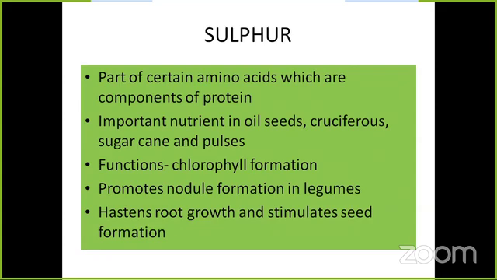It is also an important nutrient in oilseed crops and cruciferous crops like mustard, radish, and turnip. It is also important in sugarcane, and in pulses because they are rich in protein. Its functions are that it helps in chlorophyll formation, promotes nodule formation in legumes, hastens root growth, and stimulates seed formation. So sulfur is a very important nutrient.